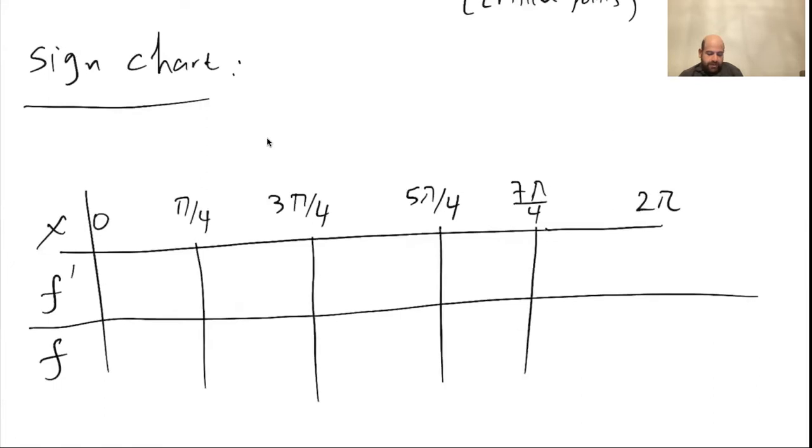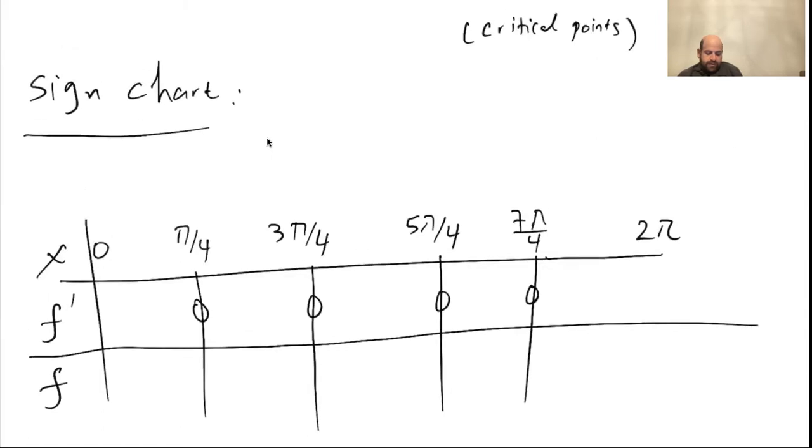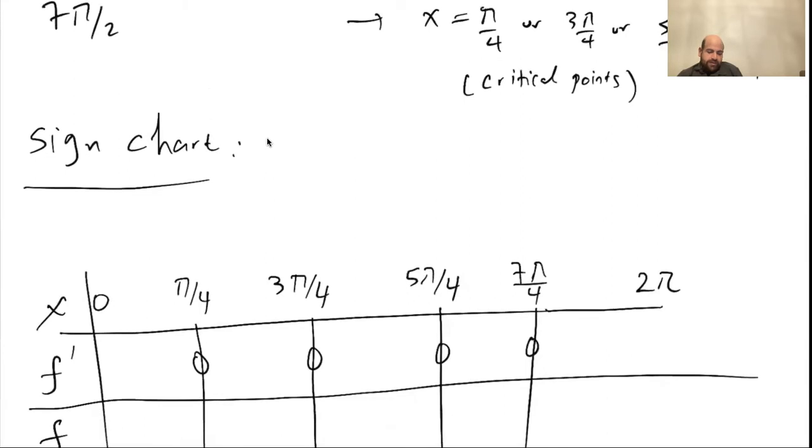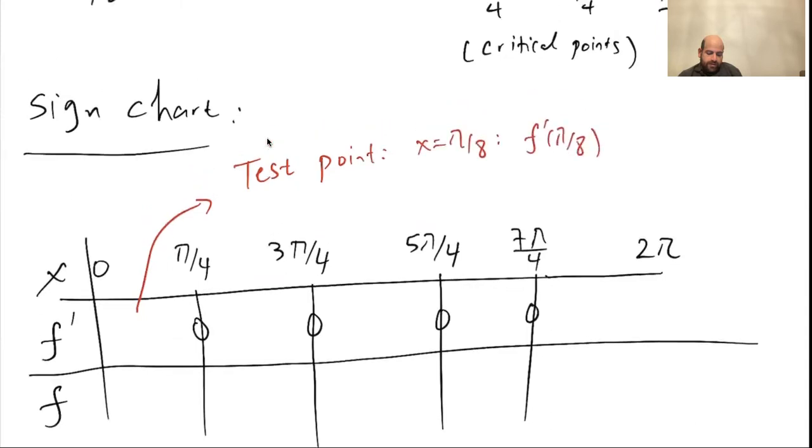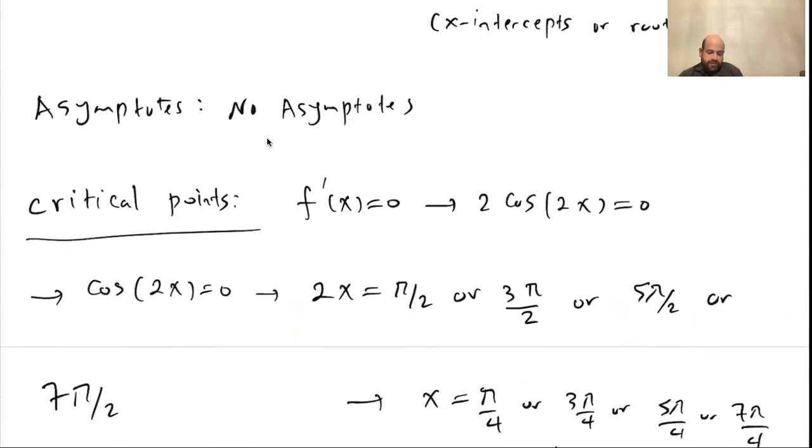So f prime becomes 0 at these points. And we can use a test point, for example, here. Let's say, for example, x equals pi over 8. And then f prime of pi over 8. The formula for f prime of x was 2 cos 2x.